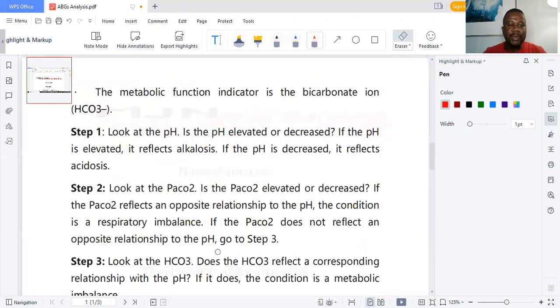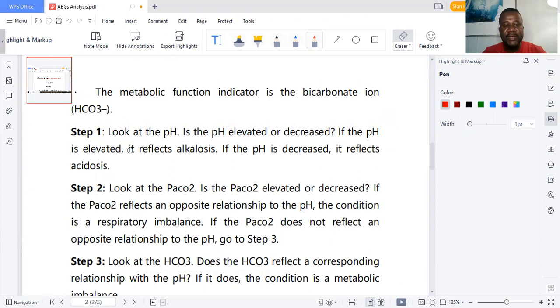For it to be metabolic, your focus should be on the bicarbonate, okay, on bicarbonate. So all of this will be in relation to the pH.